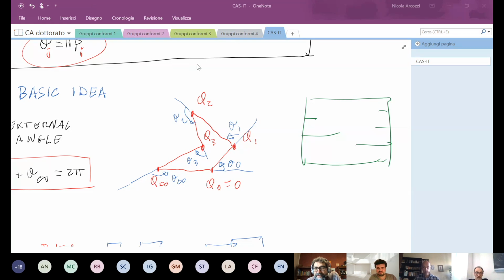Other questions? So Nicola, I have just a question. Is this idea just used to get in the end the proof of the Riemann mapping theorem, or do you think this method can be adapted to get other kinds of information on univalent mappings?